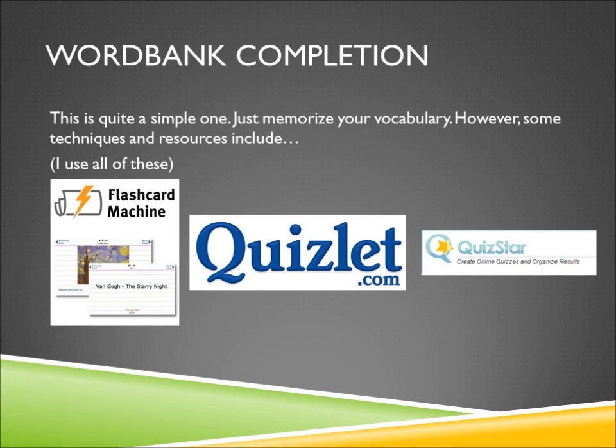The flashcard machine is just easy-to-use online software. You can just sign up for it, and it looks like what you had in lower grades. You can put a photo or a definition on one side, and then the main word on the other side, as you see with the flashcard machine, Van Gogh, The Starry Night. That's an example of that.